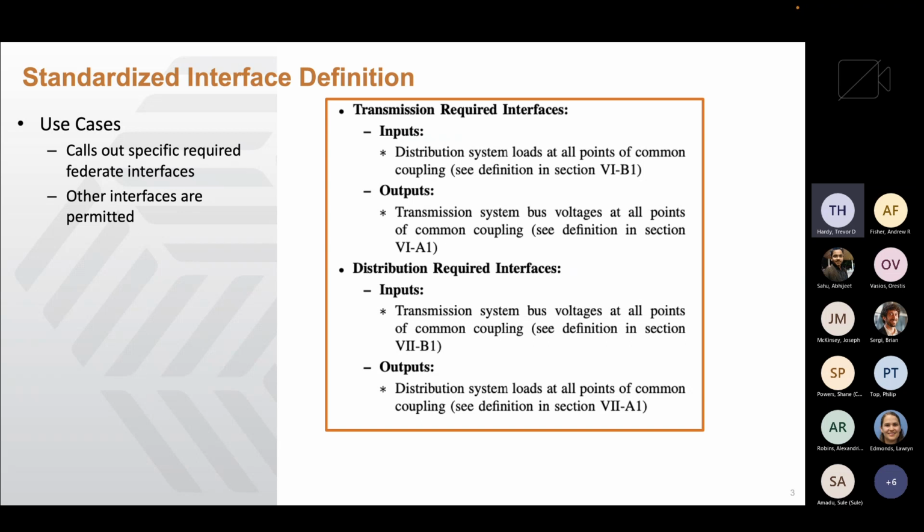So the example I have there on the right is pulled directly from the document we've been developing, and this is the definition for the standardized interfaces needed for a T&D power flow. And you can see the signs here. The federates involved in this case are a transmission federate and a distribution federate. There are the inputs that are required, and here are the outputs, and you'll see references in there to the specific definitions, which we'll get to in a second.